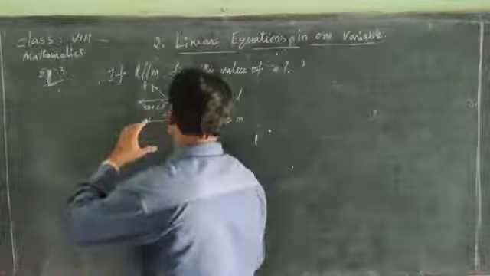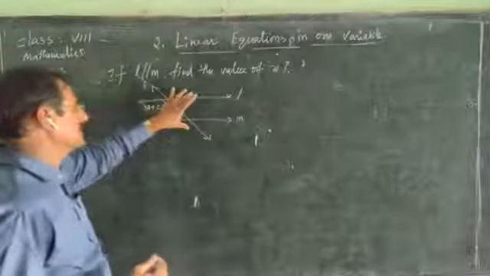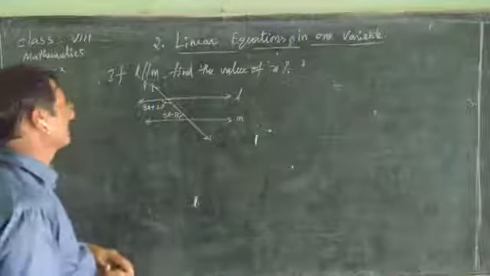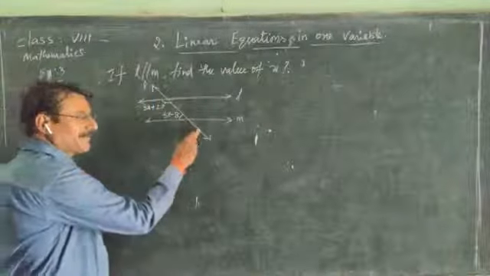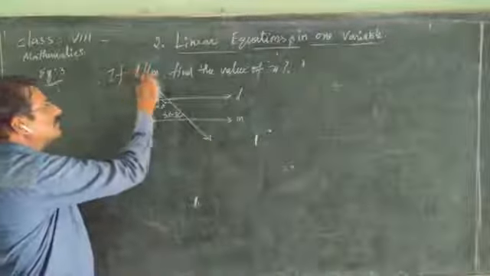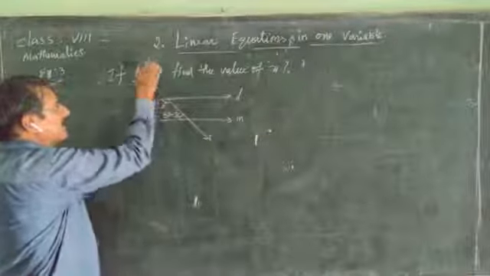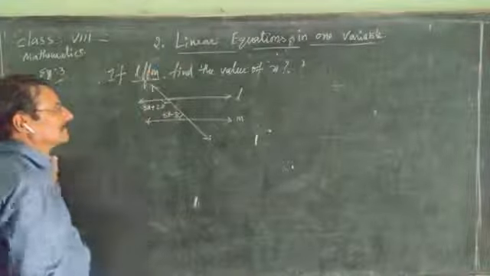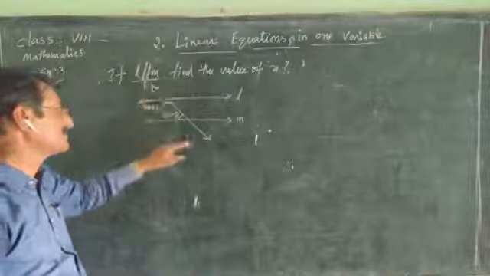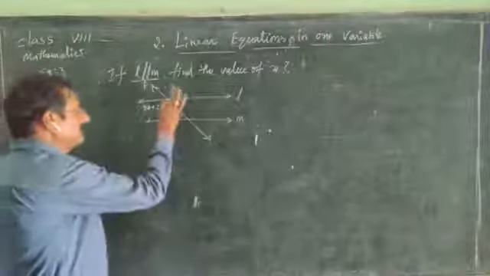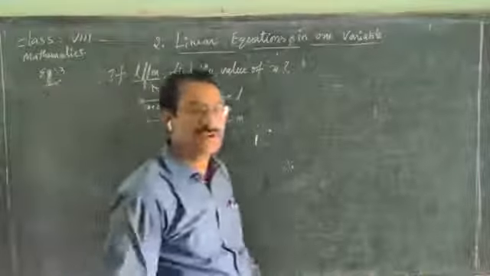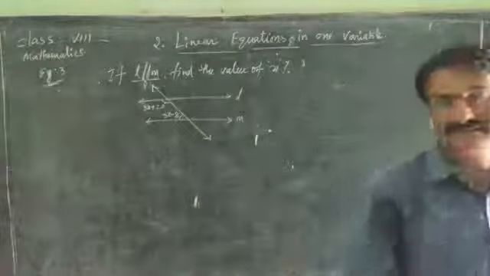First, you observe these two lines intersected by this line. It is called a transversal. Already given, these two are which lines? Parallel. If the parallel lines are intersected by a transversal, then these two are co-interior angles.